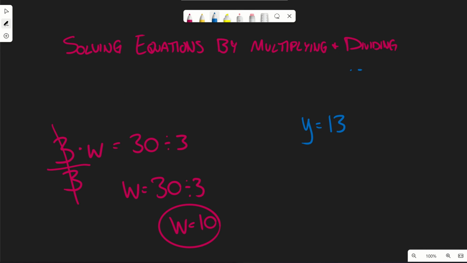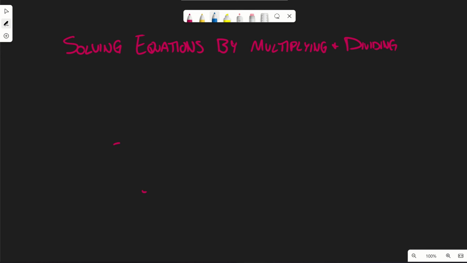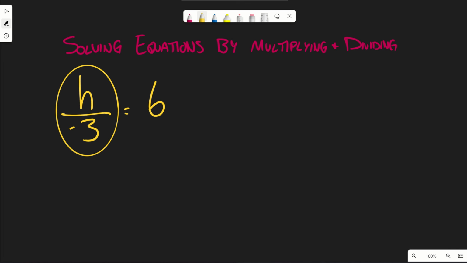Now, let's say I want to get into what it looks like if I'm dividing first, and then I want to multiply to get rid of it. I might see a problem that looks like h divided by negative 3 equals 6. When it's written as a fraction like this, it means divided by. So we want to think, what's the opposite of division?